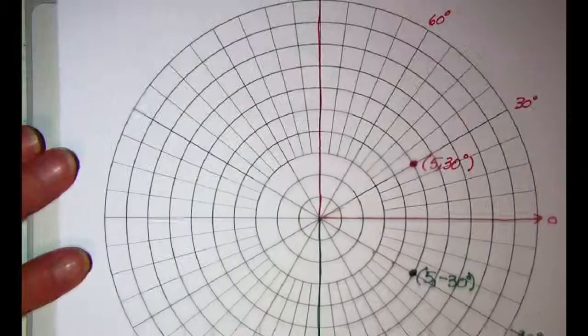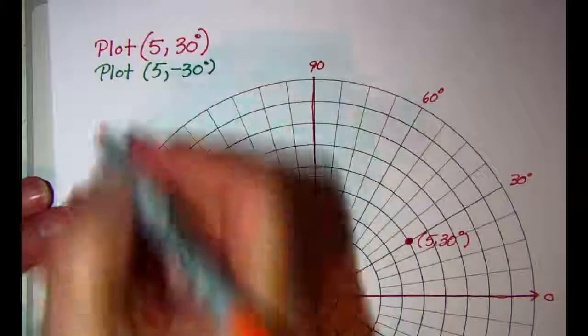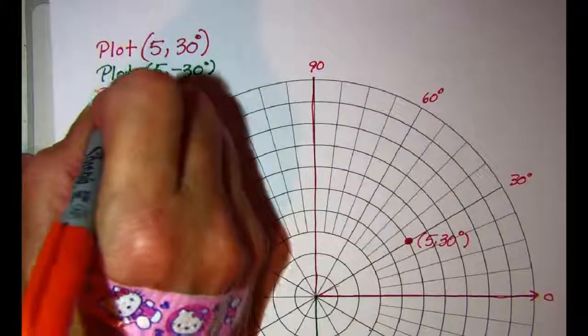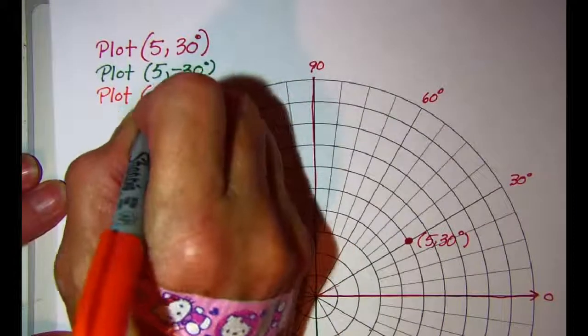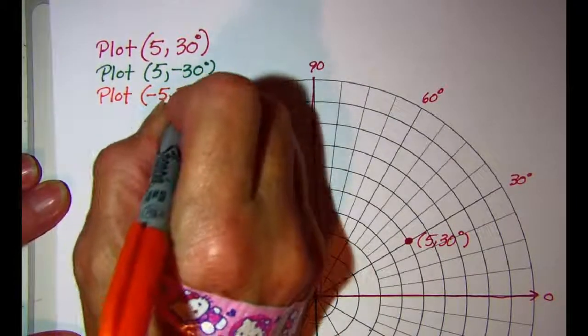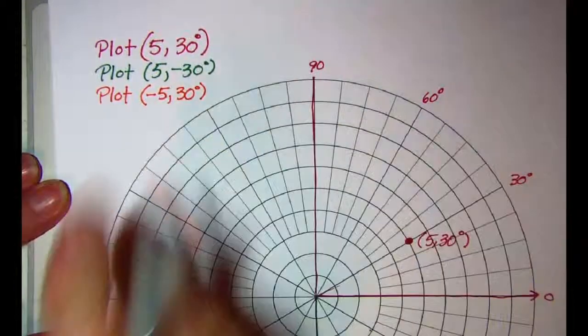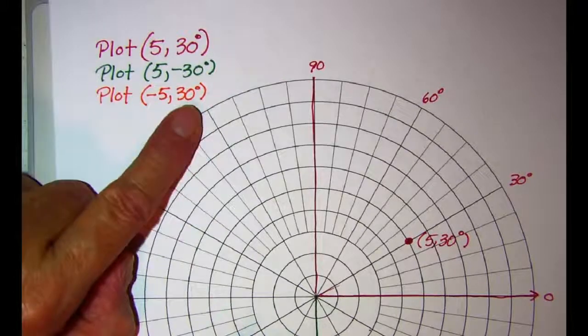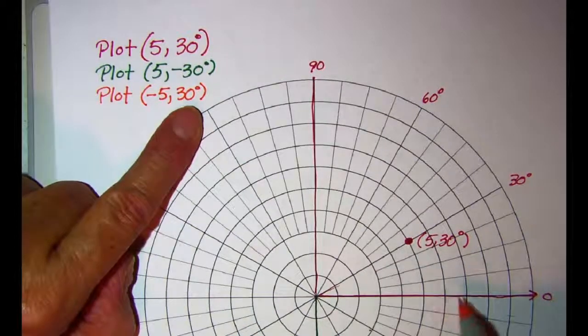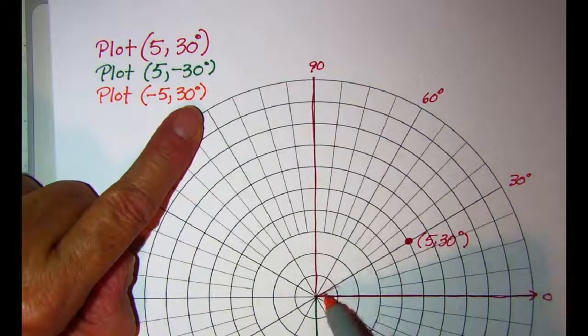Right? Let's plot (negative 5, 30). So the 30 degrees right here indicates that I'm going to move counterclockwise. I'll be on this 30-degree vector.